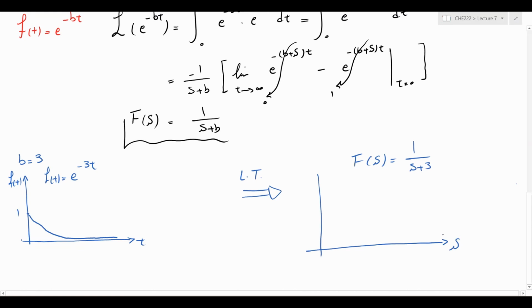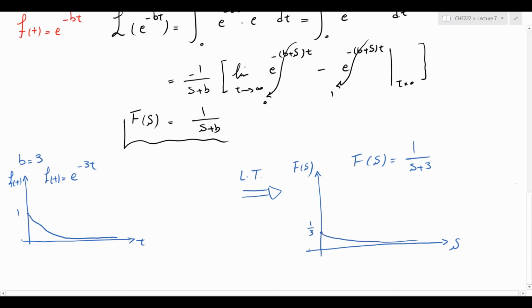If I draw this, at s equals 0, this will be 1 over 3. And again, as s approaches infinity, this function approaches 0.